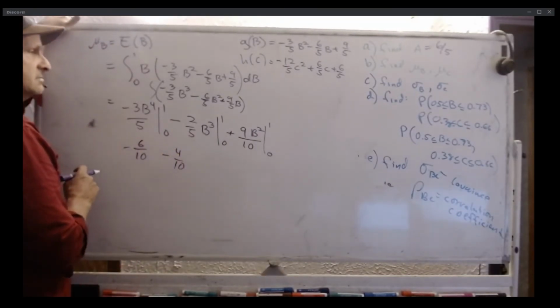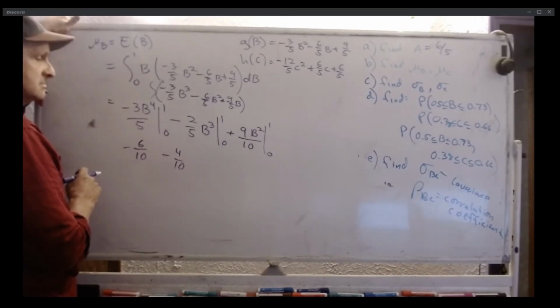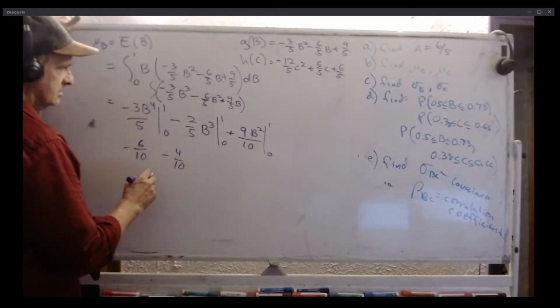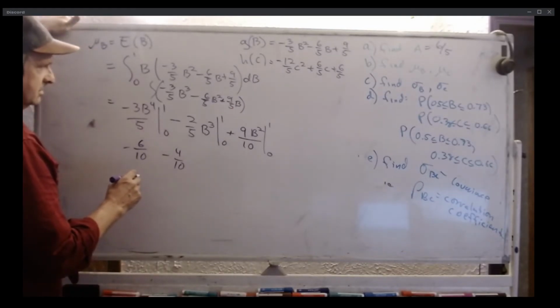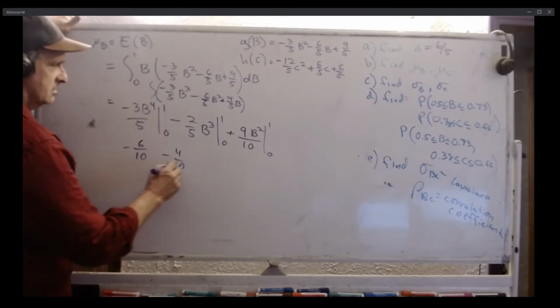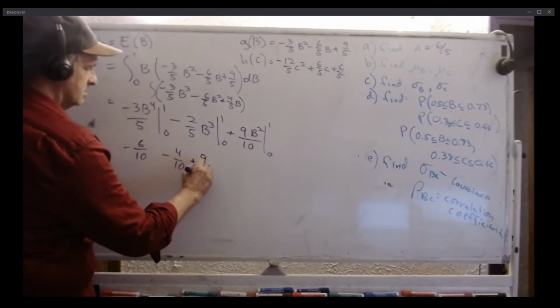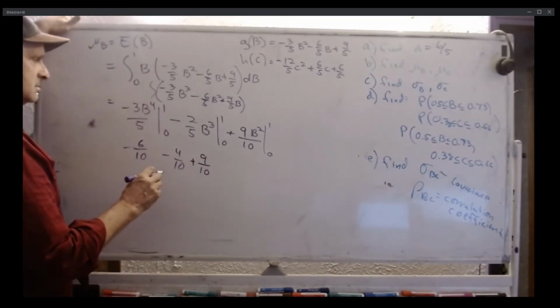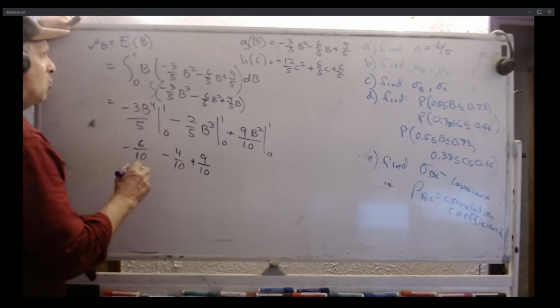Something is not right. Don't we get negative 1/10? Is my math right? I did not get negative 1/10. Shouldn't that be negative 3 over 20? Oh, crud.